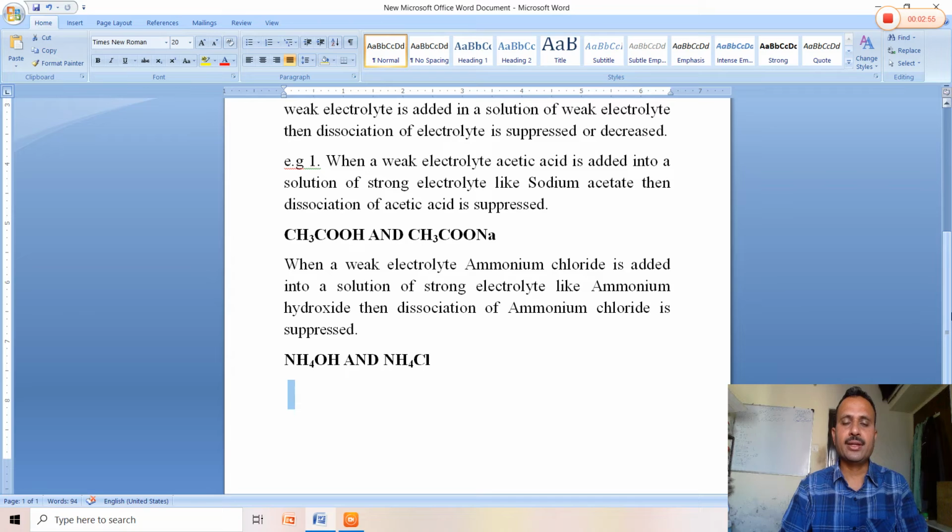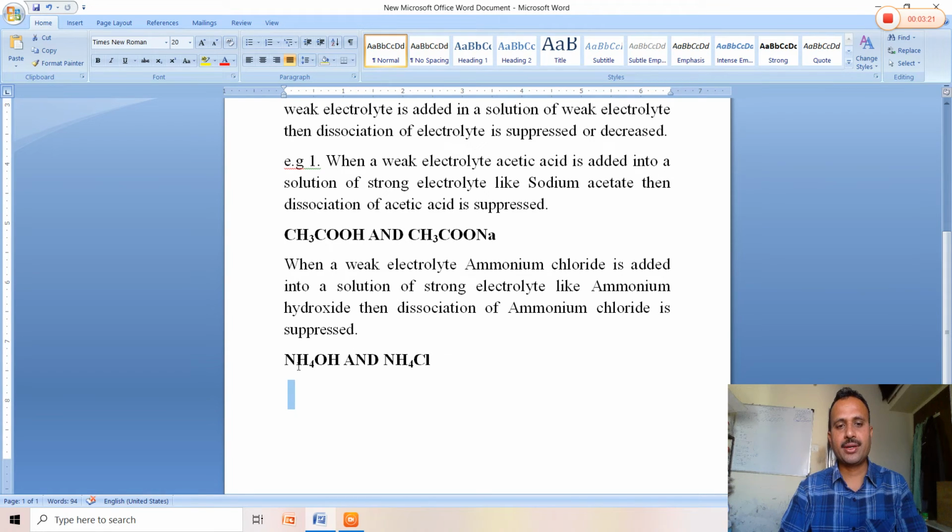In the previous example, sodium acetate has acetate ion, CH3COO-, and acetic acid also has acetate ion, CH3COO-. Both have the common ion, acetate ion. So that is the common ion effect.